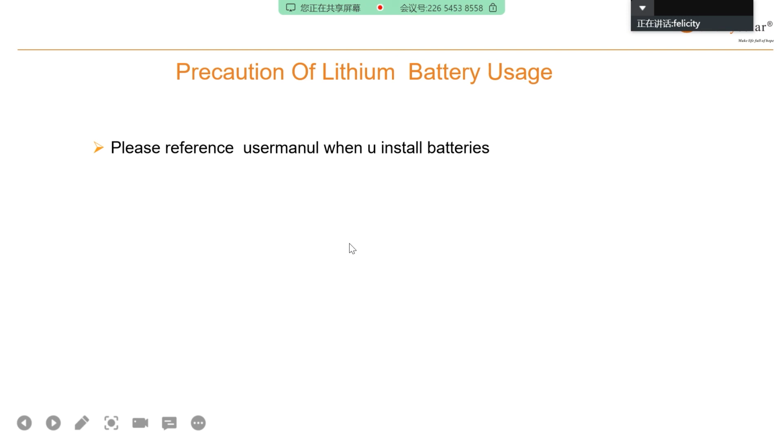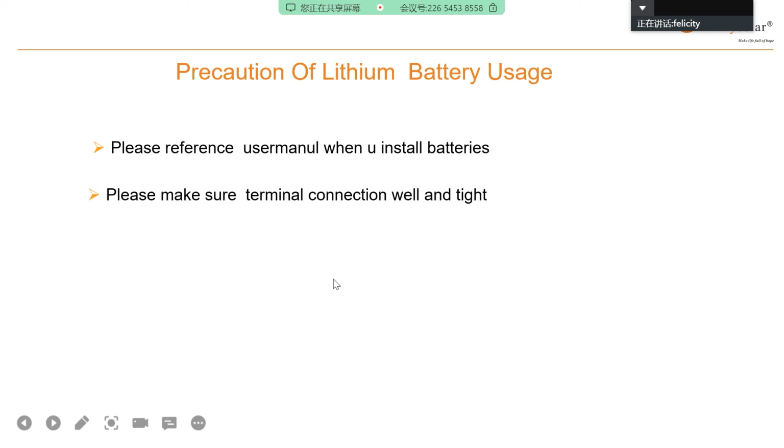So you need to set the DIP switch and handle the mounting installation, how to mount and how to connect the positive and negative. So you can refer to the user manual step by step.